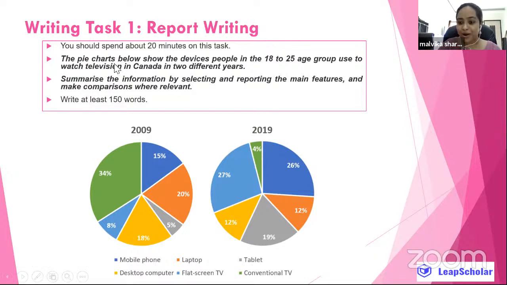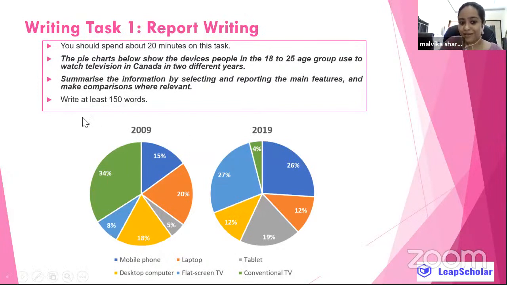We have two pie charts showing the devices people in the age group of 18 to 25 are habitual to use to watch television.